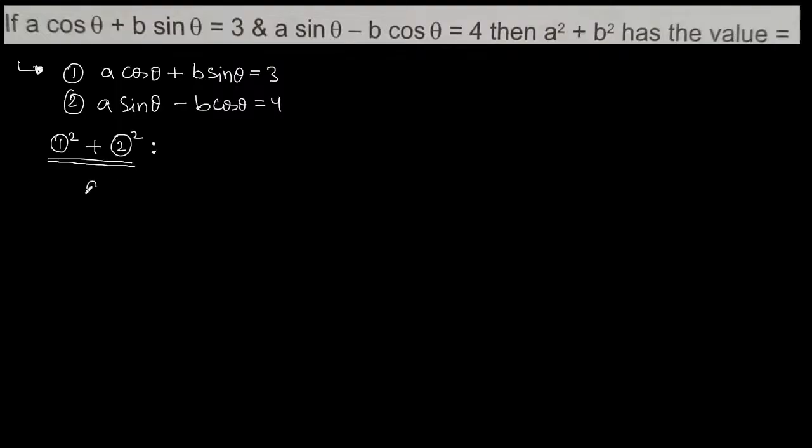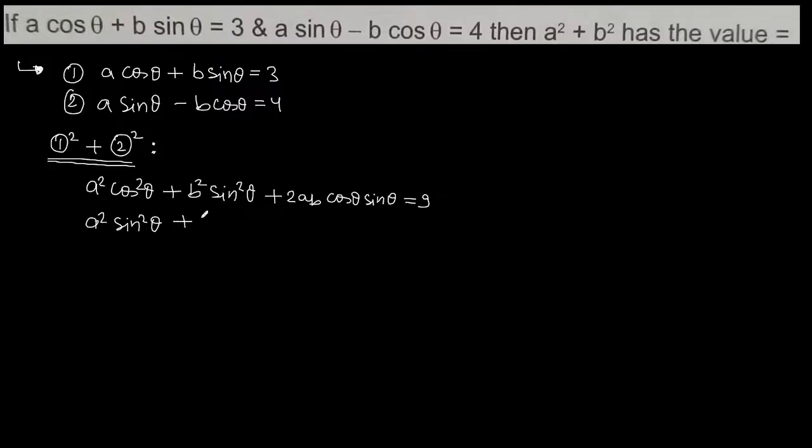So we are going to get A square cos square theta plus B square sin square theta plus 2AB cos theta sin theta equal to 9, and the second one is A square sin square theta plus B square cos square theta minus 2AB cos theta sin theta equal to 16.